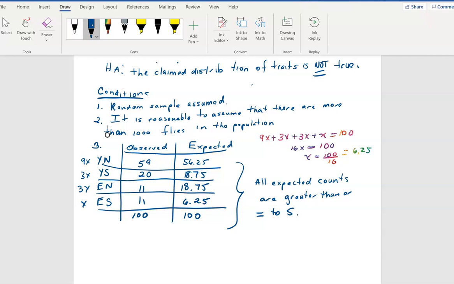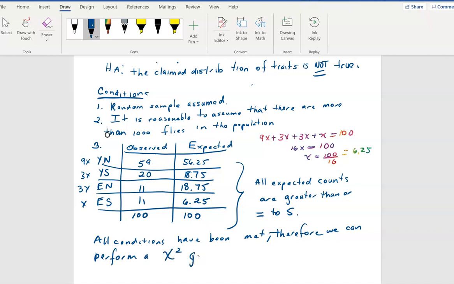You're now going to say all conditions have been met. Therefore, we can perform a chi-squared goodness of fit test.